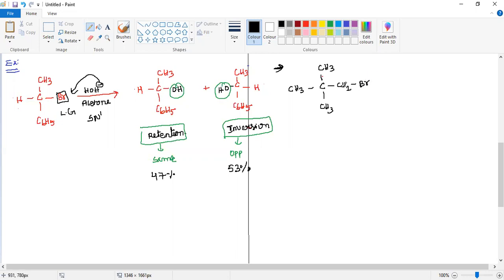So the halogen atom is attached to the alpha carbon, and the beta carbon is a tertiary one. This is the alpha and beta carbon.